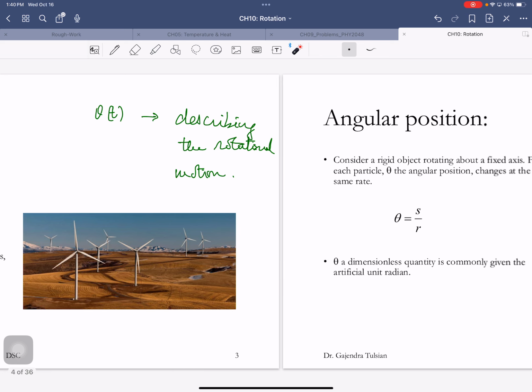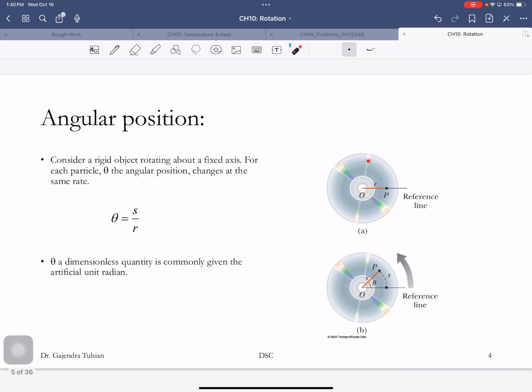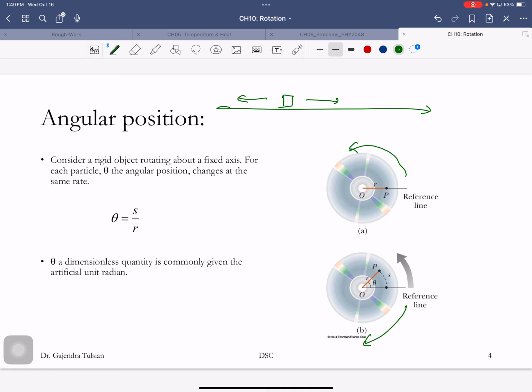So for instance, here's a disk that is rotating. Just like for linear motion, where the convention was that moving to the right is the positive direction and moving to the left is the negative direction, for rotating objects, counterclockwise rotations are taken as positive and clockwise rotations are taken as negative.